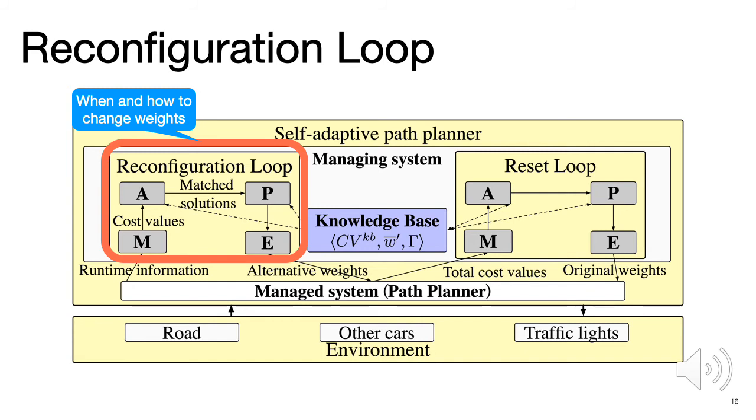As for the procedure, it will first collect the cost values and then analyze whether the current situation is dangerous or not. If the answer is yes, it will get the alternative weights and then transfer them to the path planner.